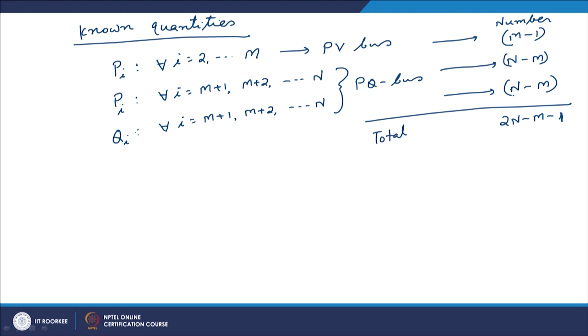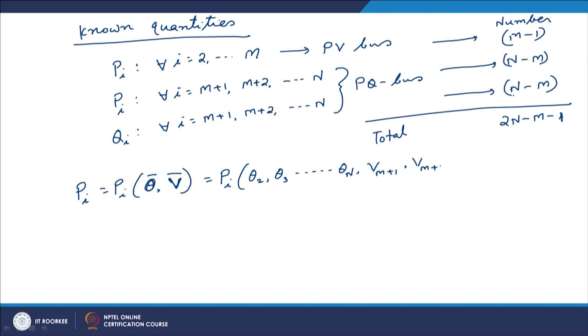We have said that P i is a function of vector theta and vector V. So I can write that P i is a function of theta 2, theta 3, up to theta n, and then V m plus 1, V m plus 2, to V n.